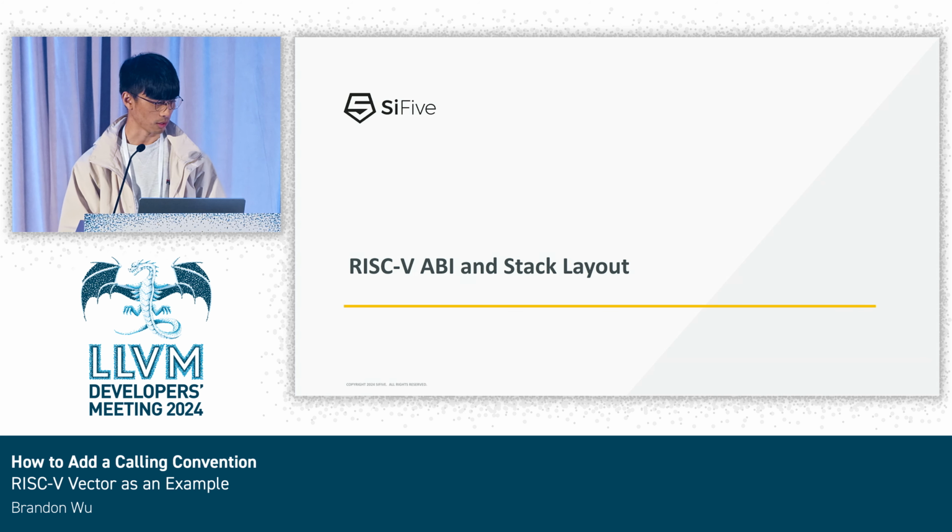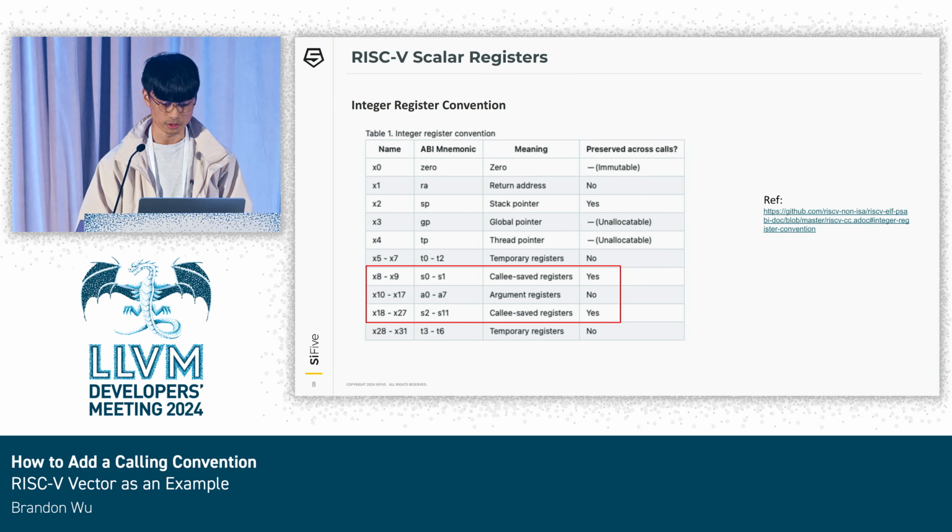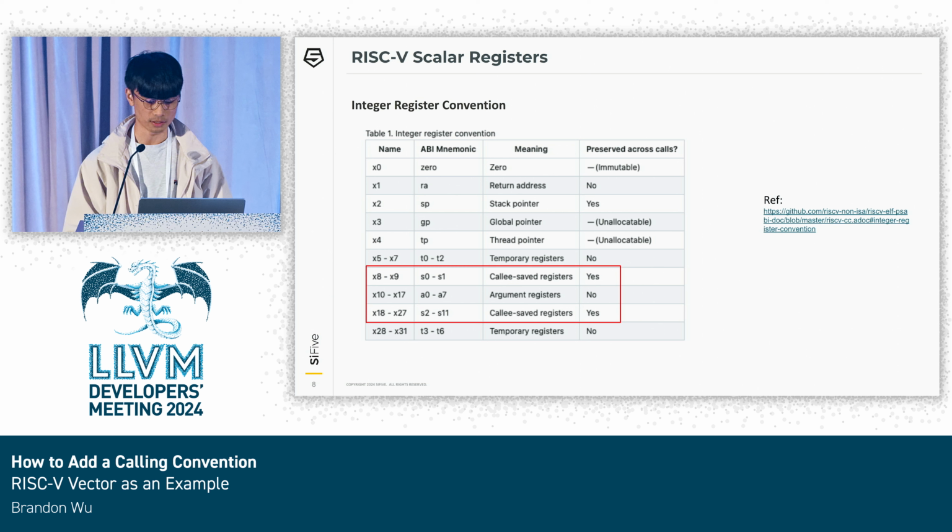Okay, let's talk about RISC-V ABI and stack layout. So RISC-V has three different kinds of data registers, which are integer registers, floating point registers, and vector registers. And first, we have 32 integer registers named x0 to x31.